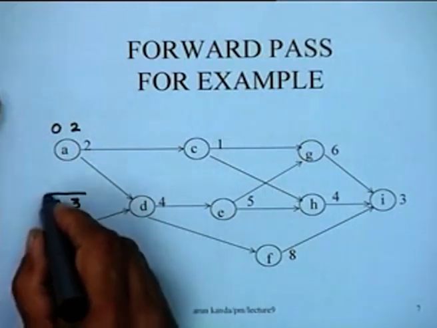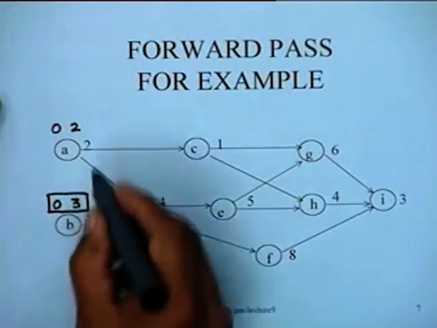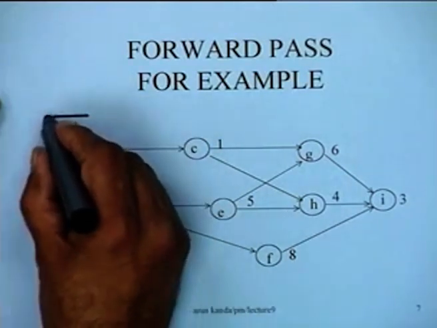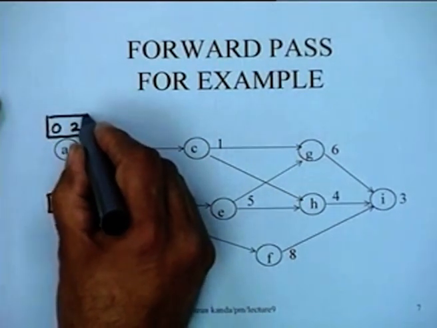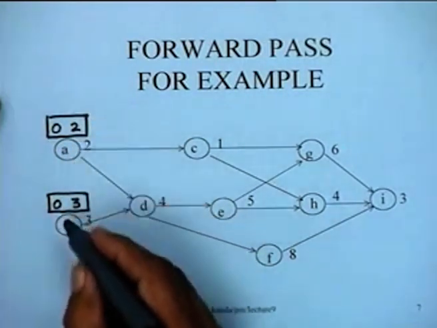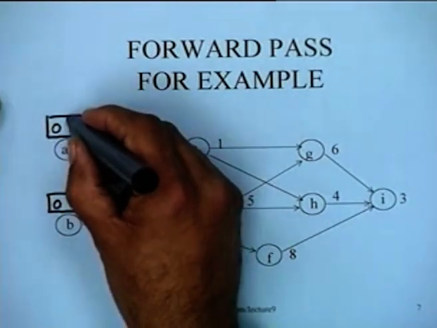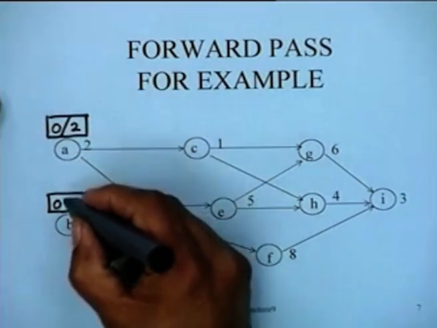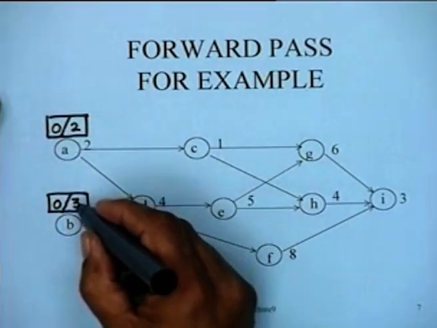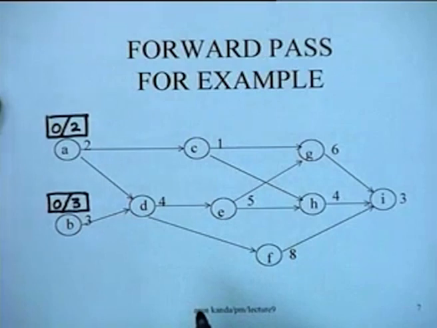So I can put these in a rectangular box at the top of each of these activities. So remember that the first number is the early start and the second number is the early finish of the activity. Now let us see what happens.